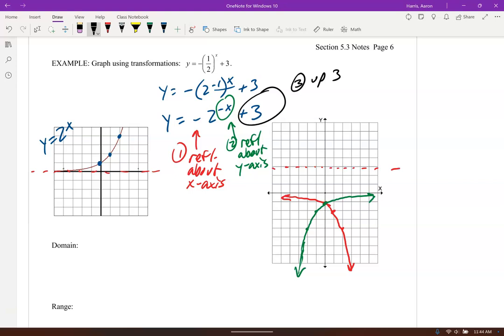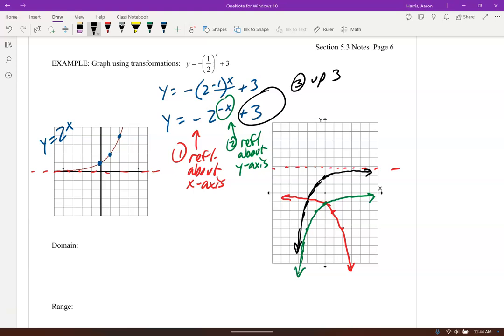So I'm going to take the point 0, negative 1, and bump it up 3. I'm going to pick the point negative 1, negative 2, and bump it up 3. I'm going to pick negative 2, negative 4, and bump it up 3. And again, everything's the same as the green except we bumped it up 3.